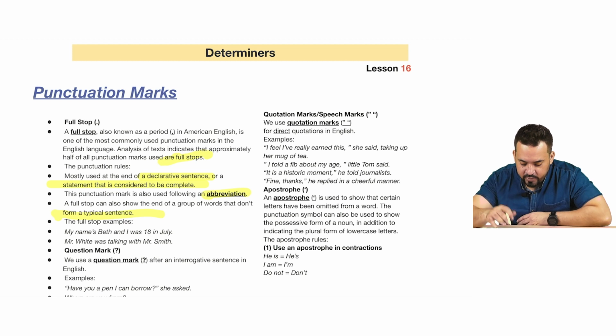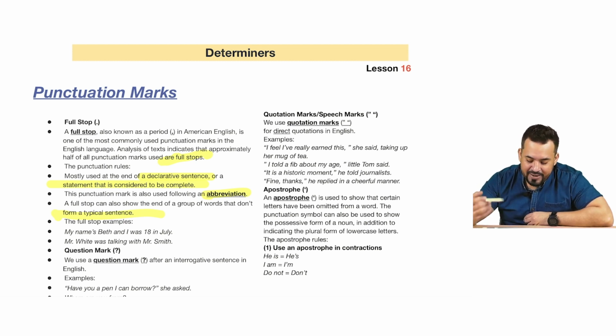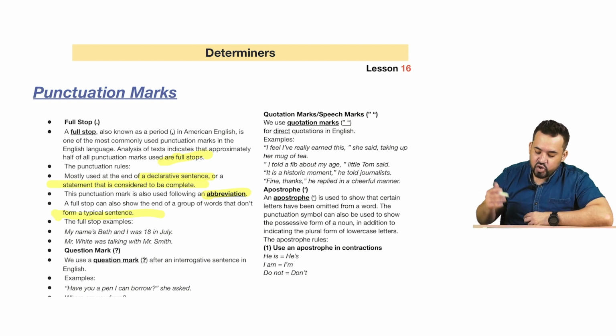All right, so first one. My name's Beth, and I was 18 in July. Mr. White was talking to Mr. Smith. End the sentence. Question mark. A question mark is used in an interrogative sentence to show that you're asking a question.